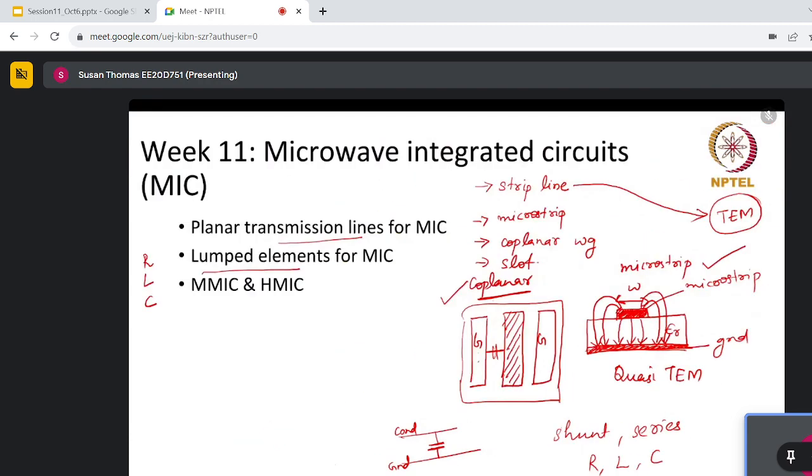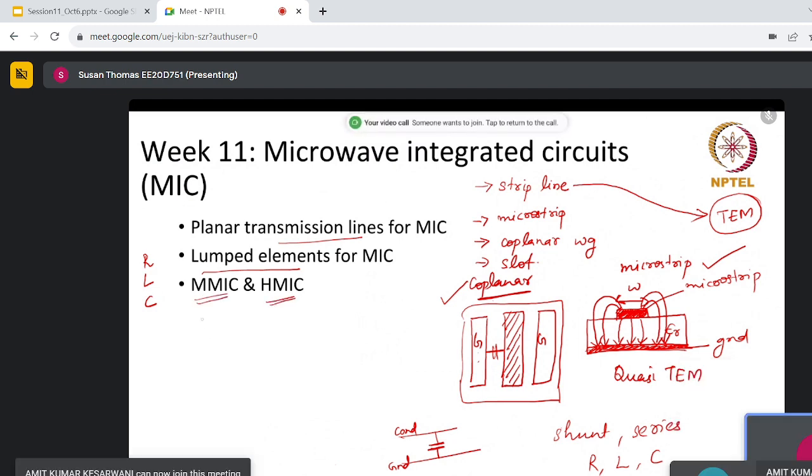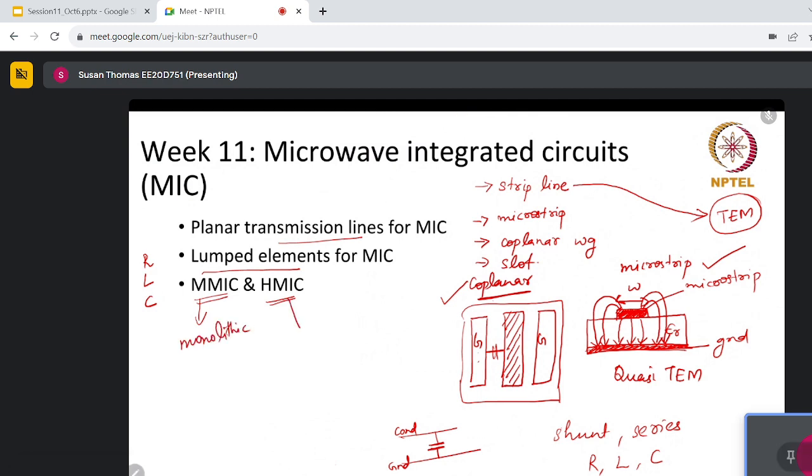And towards the end of the week, you had video lectures on MMIC and HMIC. MMIC is monolithic microwave integrated circuits and HMIC is hybrid microwave integrated circuits. So both are different types of microwave integrated circuits. We'll come to them as and when the questions come.